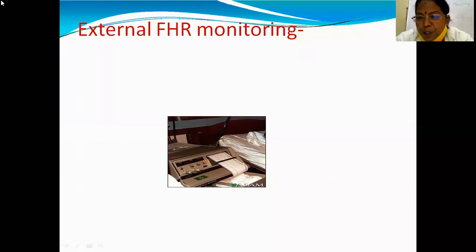We don't have this machine here also. Both intermittent auscultation and monitoring by CTG have similar results.